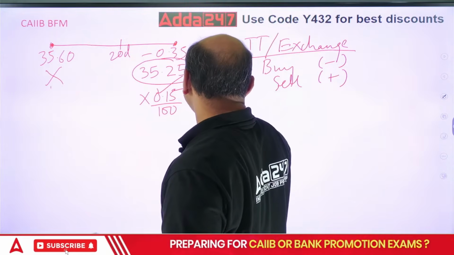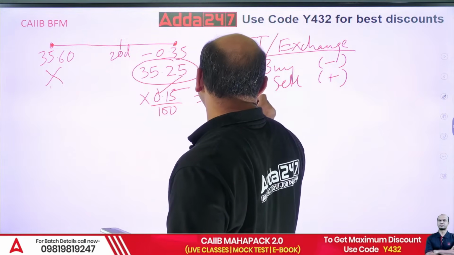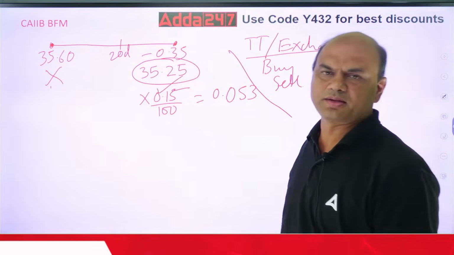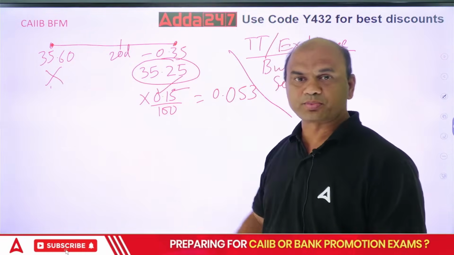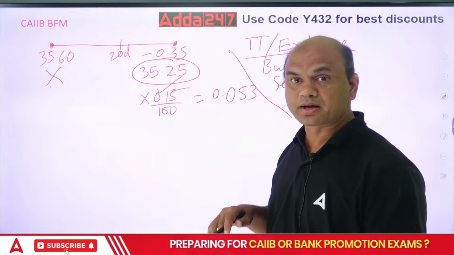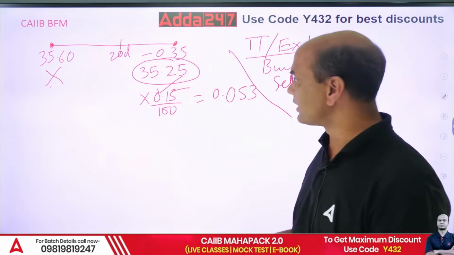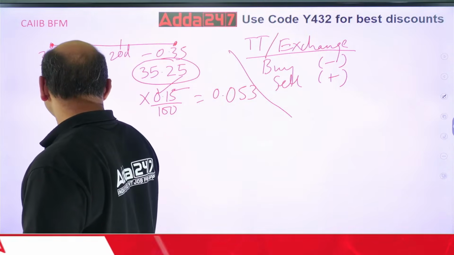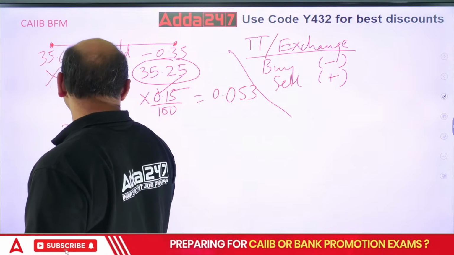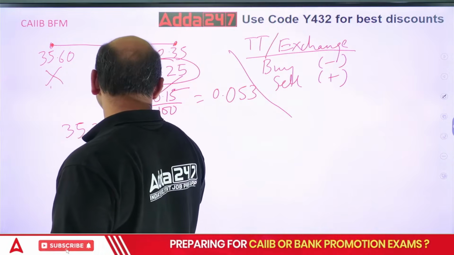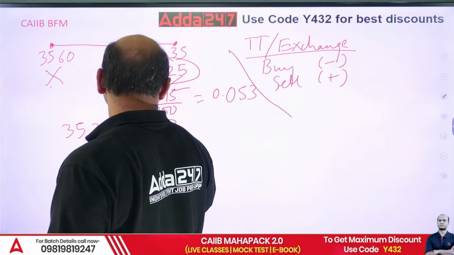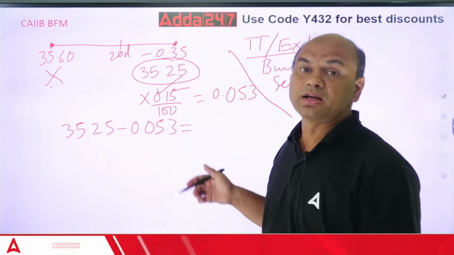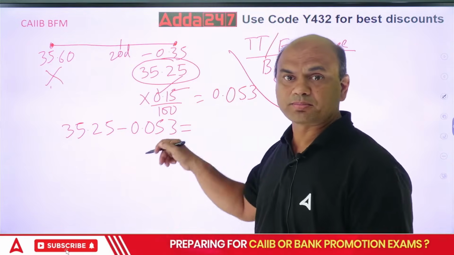So 0.053 I will take. Okay. So what will I do with this 0.053? Should I add or subtract? I'll subtract. Right. So 35.25 minus 0.053. Do it everyone. 35.25, because TT margin, buying, subtract.